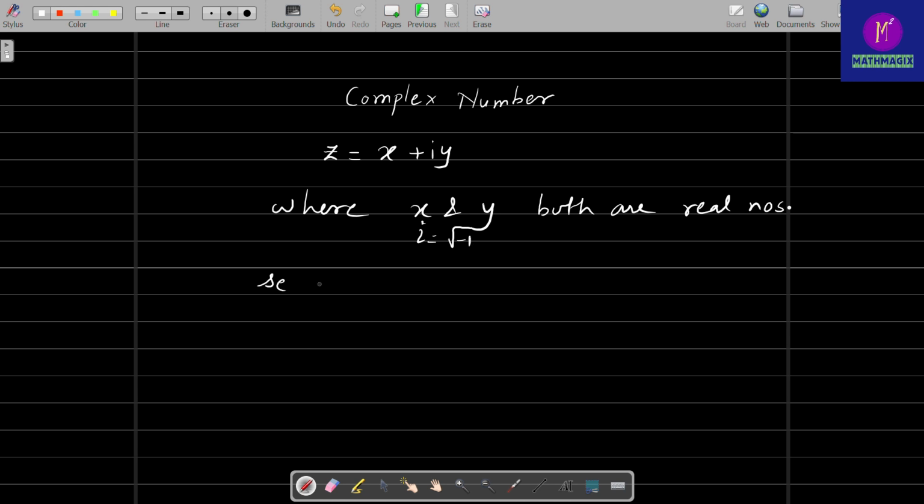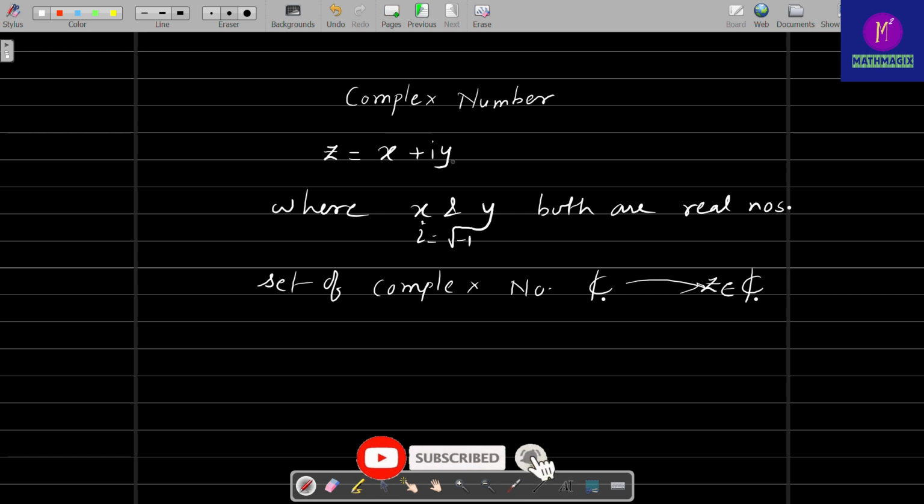The set of complex numbers we always denote by capital C, and any element of the set we denote by small z. So z belongs to C means z is in the form x plus iy, where x is the real part and y is called the imaginary part of z.